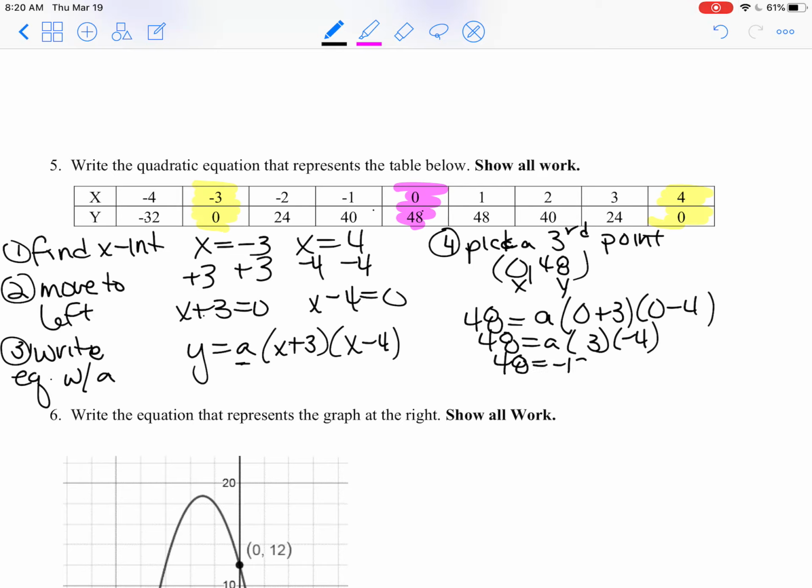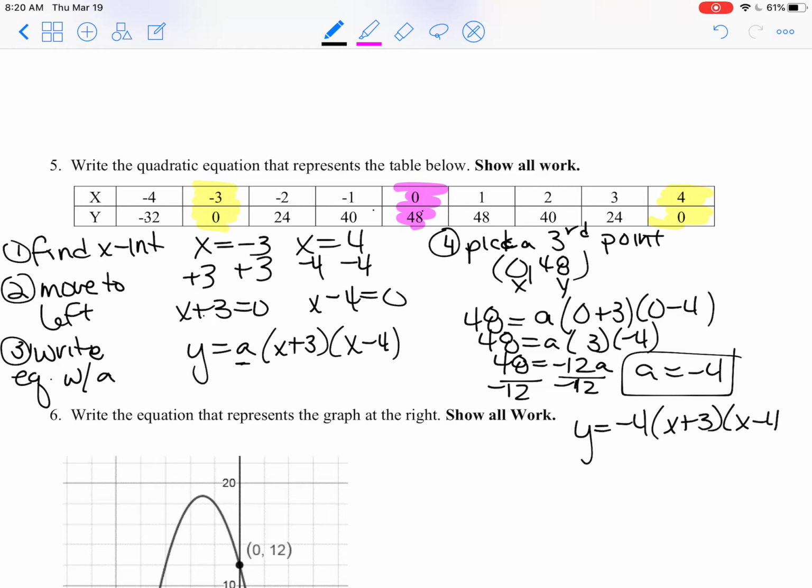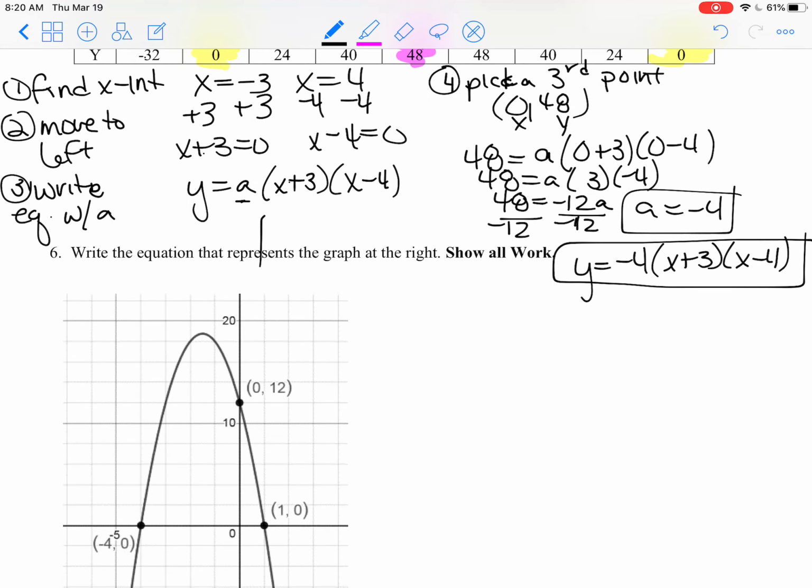Multiply those together and I get 48 equals negative 12a. Divide by negative 12. And a equals negative 4. And then the last step is to write the equation. So y equals negative 4. So put that negative 4 in place of a, and then just put those factors in. There's your equation.